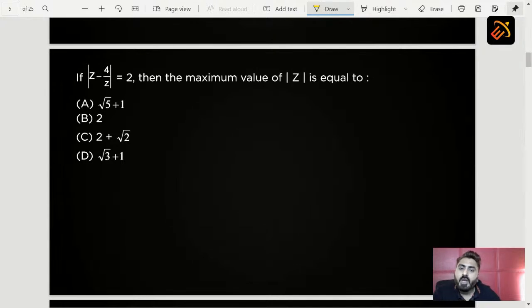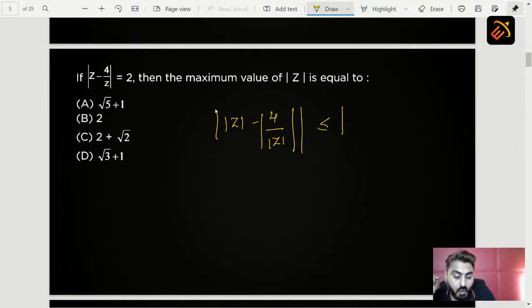तो स्टूडेंट्स यहाँ पे कैसे सॉल्व करेंगे? Now if you see properly, यहाँ पे दो कॉम्प्लेक्स नंबर्स है, let's say alpha and beta. So from this we can clearly say that |α| − |β| is less than or equal to |α − β|. तो यहाँ पे can we write |z| − |4/z| will be less than or equal to |z − 4/z|.